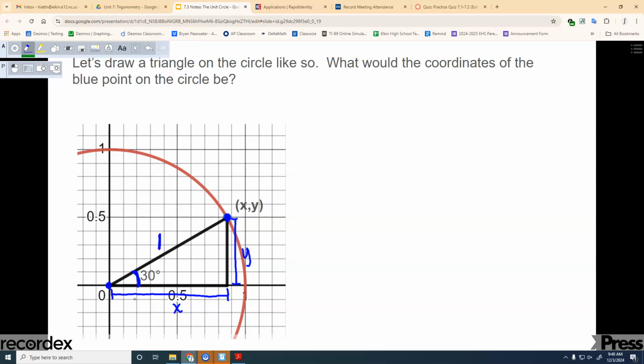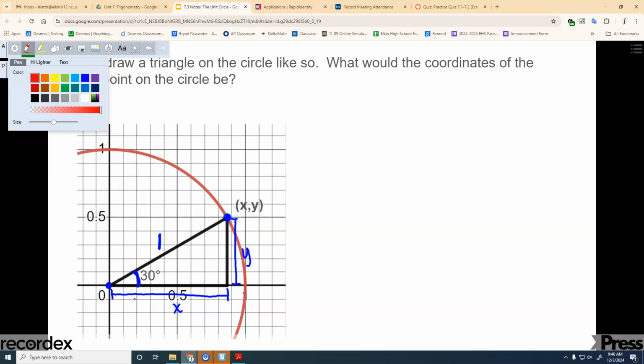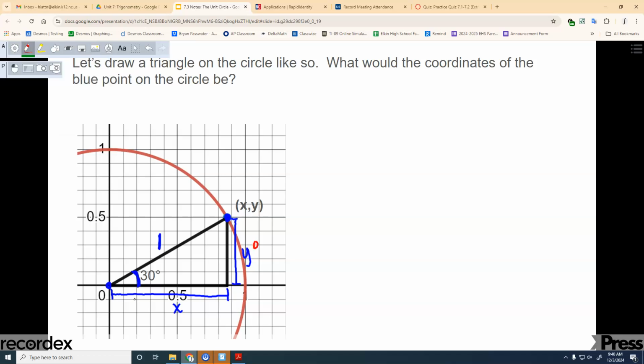So this side right here is 1 because it is also a radius. So this side right here would be my opposite side. This side right here would be my adjacent side. And this side right here would be my hypotenuse.